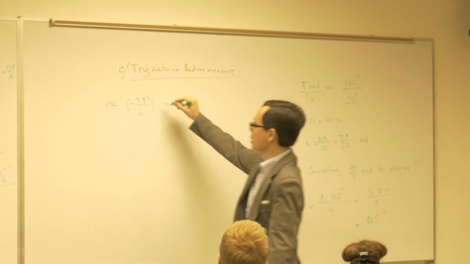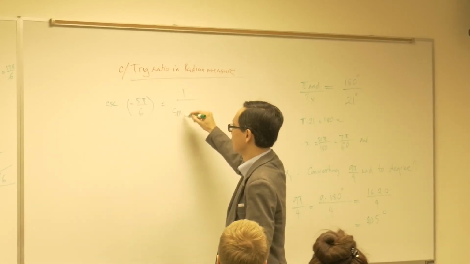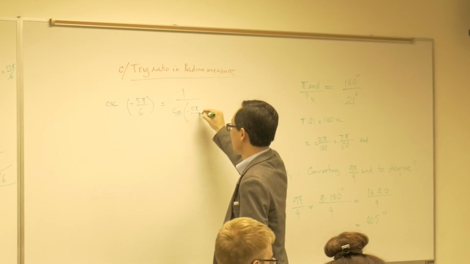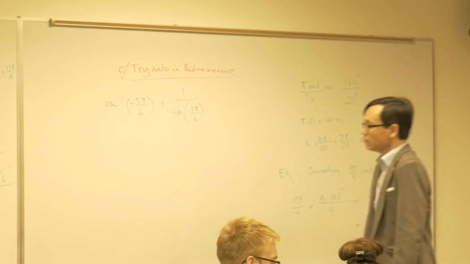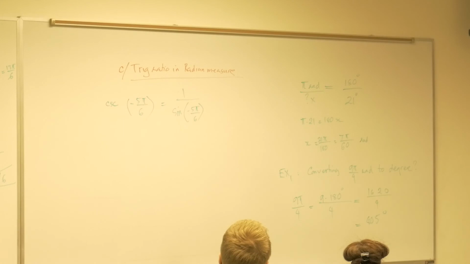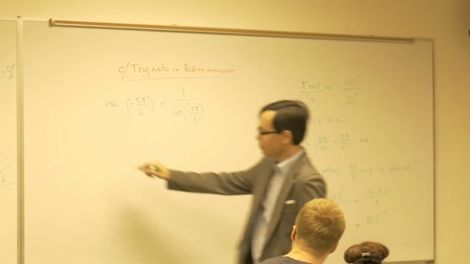First of all, cosecant will change into 1 over sine. Now we just need to find sine of negative 5 pi over 6.